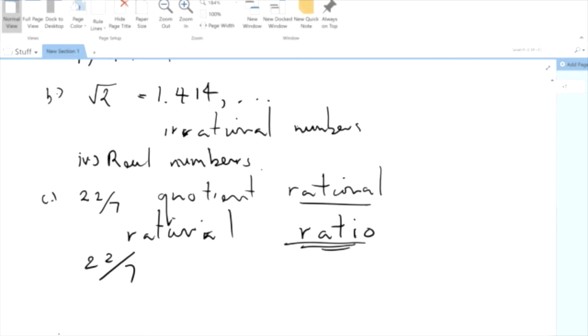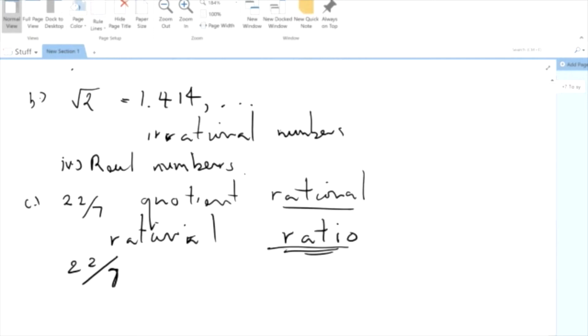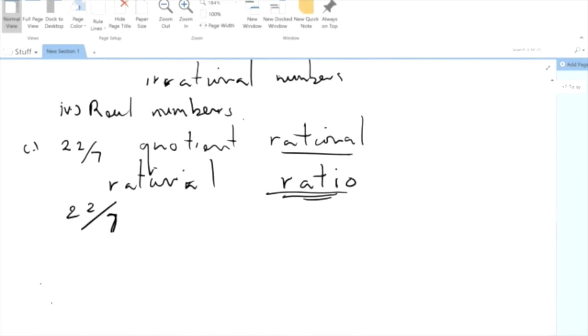And so this is a ratio that we're taking, right? How many parts can 22 be divided into 7 ways? So we're taking a ratio of 22 to 7. With that, we now know that our answer is Roman numeral 3.